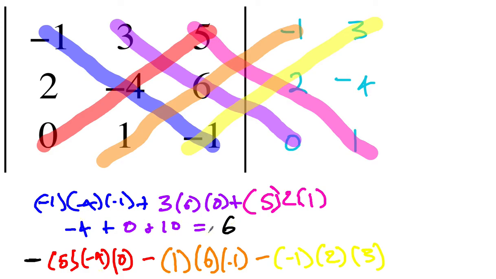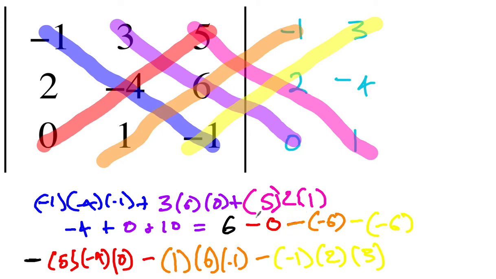So you add all these up and get 6, and then you subtract each of these. I'm going to subtract the red: 5 times -4 times 0 is 0. And then I'm going to subtract the orange: subtract 1 times 6 times -1 is -6. And then I'm going to subtract -1 times 2 times 3, which is -6 also.